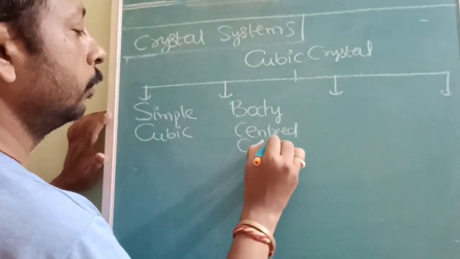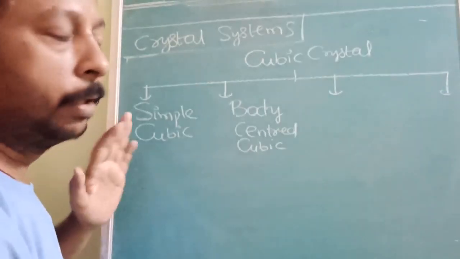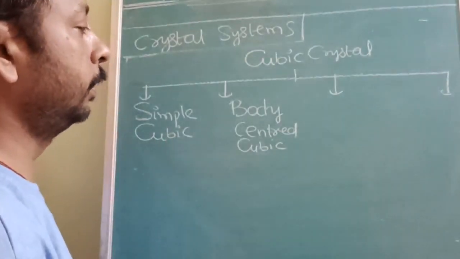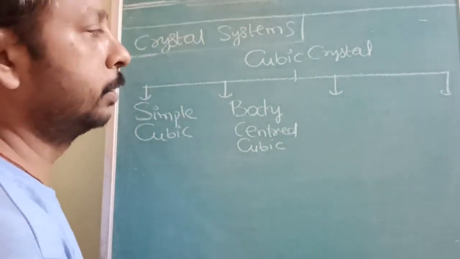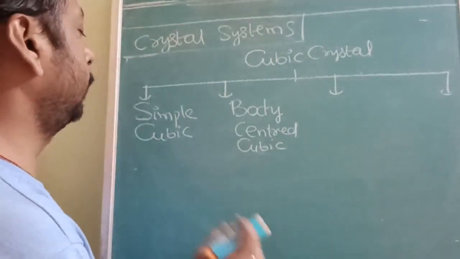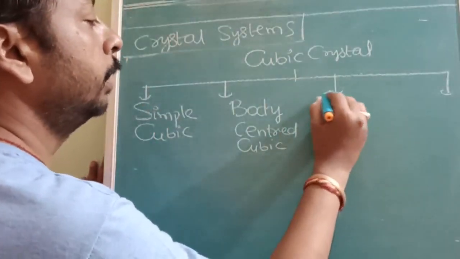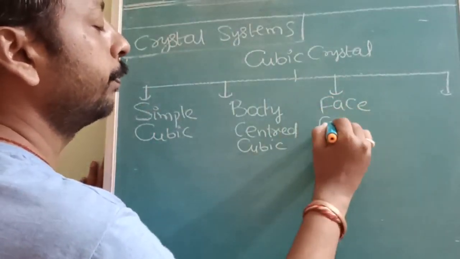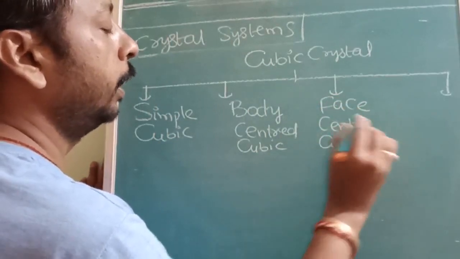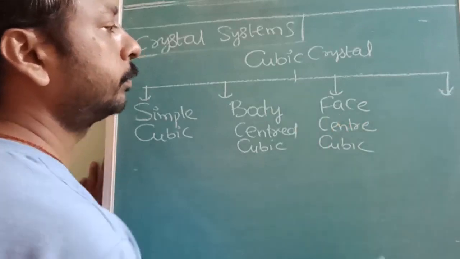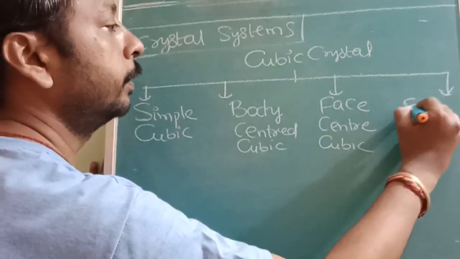This we are going to see through animation also. Animation view is very important for this; without animation you may not exactly understand. So: simple cubic, body centered cubic, face centered cubic, and end face centered.